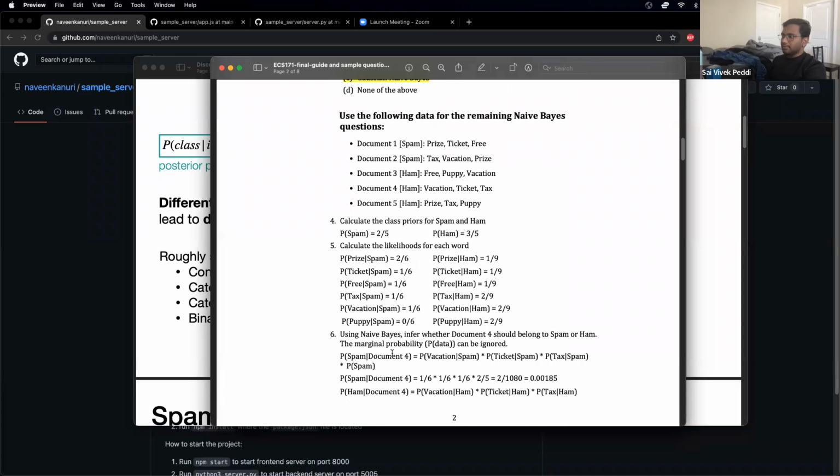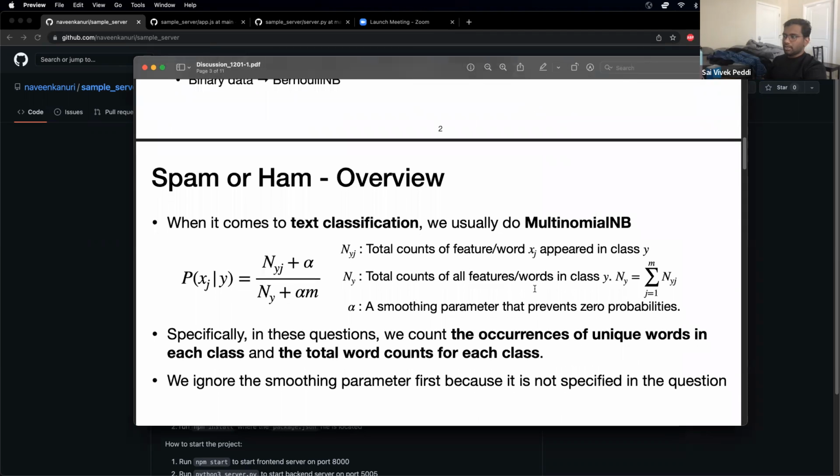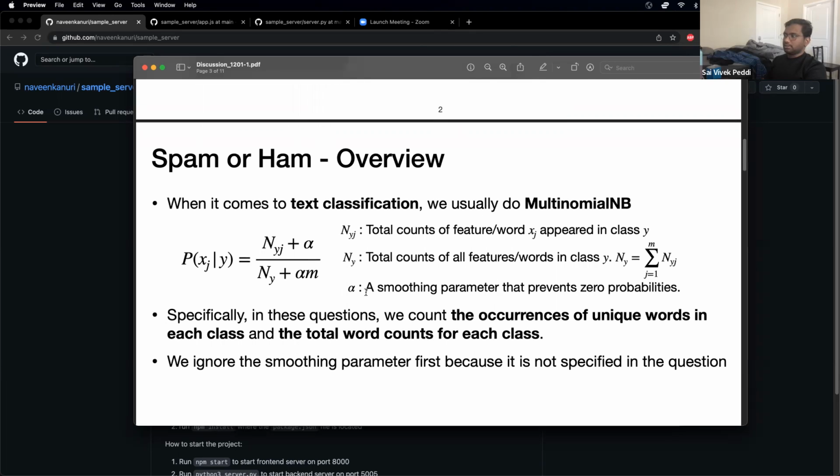Now, using naive Bayes, infer whether document 4 should belong to spam or ham. Before solving that question, I just wanted to give you a small note about calculating these likelihoods. Sometimes it is possible that you'll get 0 probabilities.